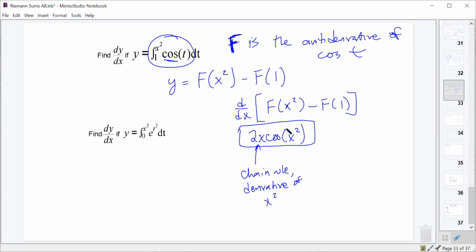Why didn't you change the cosine to negative sine? Because we didn't have cosine up here. We had the function that was the antiderivative of cosine, which is capital F. Does that make sense? This is not the cosine function. This is the new function that when I take its derivative, I get cosine.